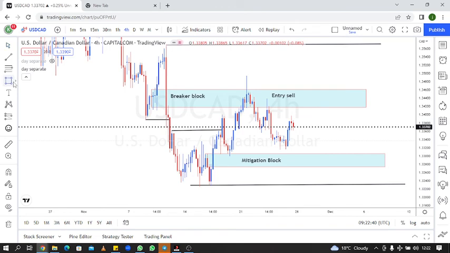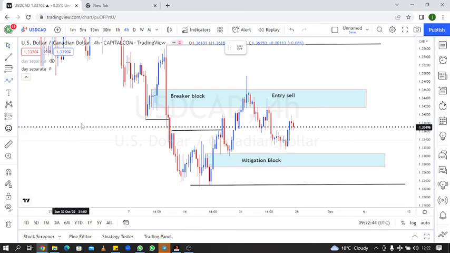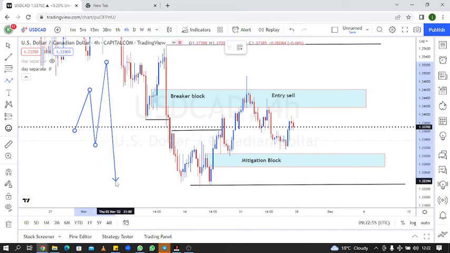When you draw with an illustration, always you need to draw this on a book. You see this move, it came up, then came down, then went up and broke that high, then came and broke this low. You see, then the market came back, then pushed down.